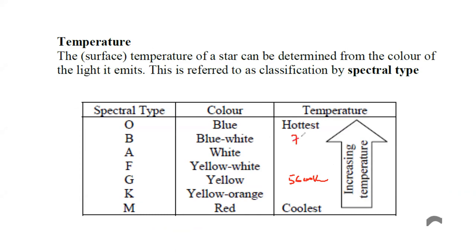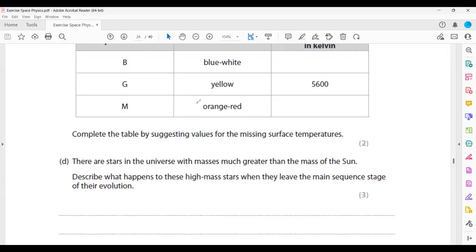Any value you write, most of you write 7,000. It's fine. And same thing, if I say predict the temperature of a star which is red, it should be coolest, so its temperature should be lower. If you write 4,000, that's also fine. If you write half of it, 2,600, that's also fine. So it's the class of the star. Using that, you can identify its temperature.